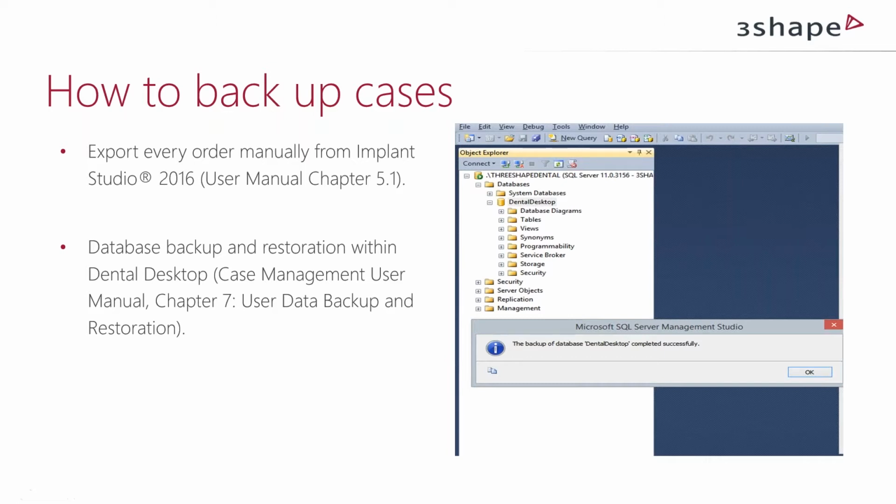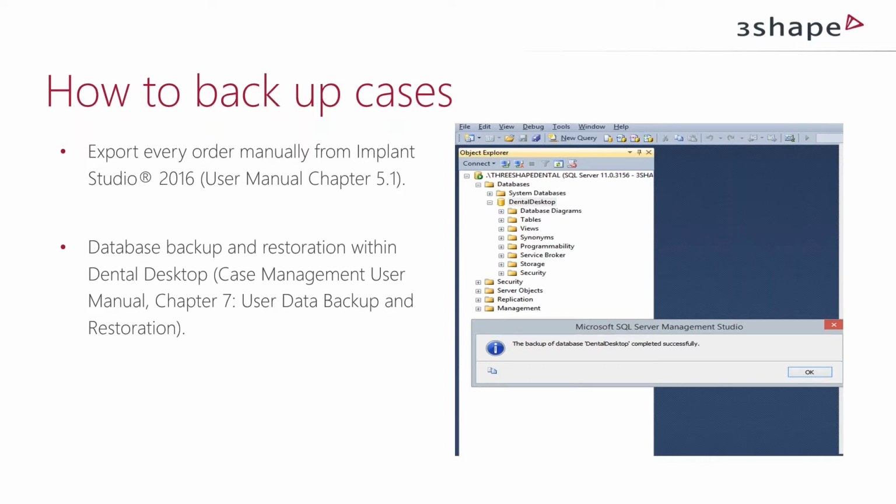Then, if we would like to uninstall the software completely and install it, for example, on another machine, then again we will need to backup cases, because after complete uninstallation all the cases will disappear, as it will also clean the database. So we will need to backup cases and then restore them in a new system.